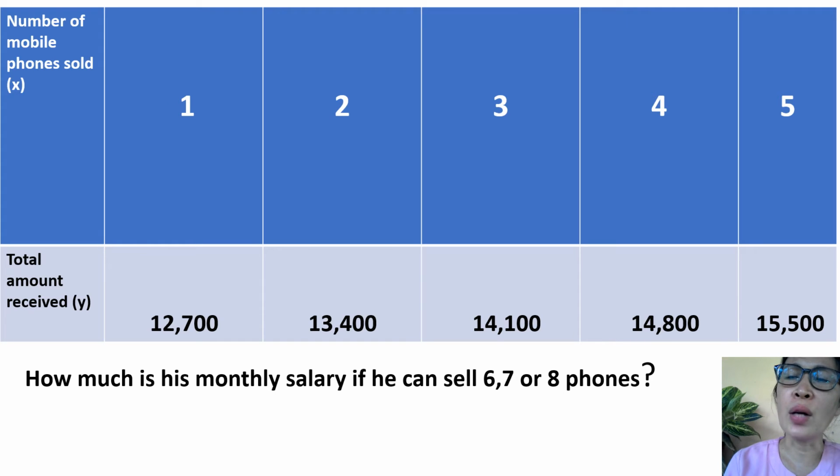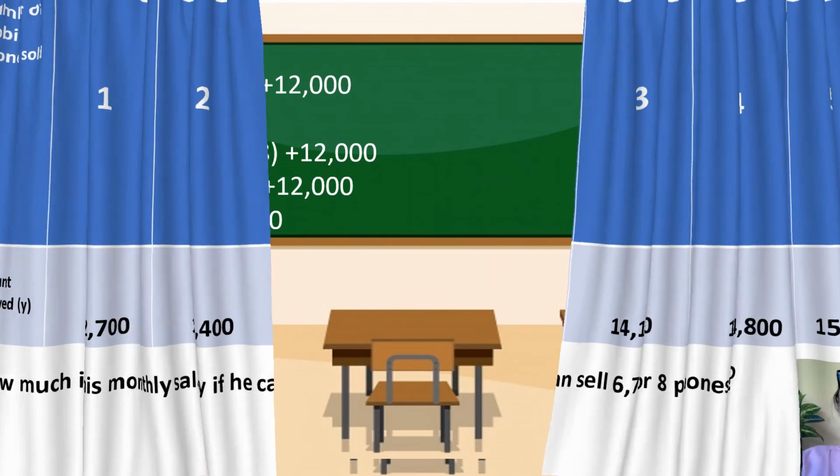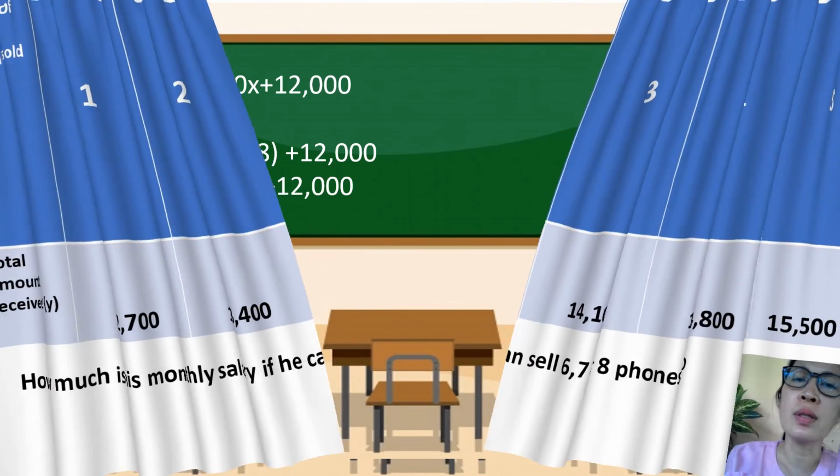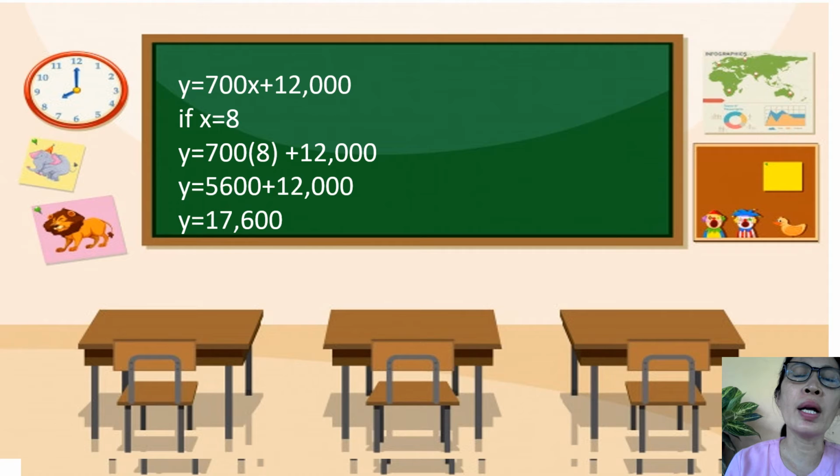Okay, let's find out how it is solved. What equation is used? The equation is y equals 700x plus 12,000. Why is it 700? We get this from the commission he receives for every phone he sells, and the 12,000 is his monthly salary.